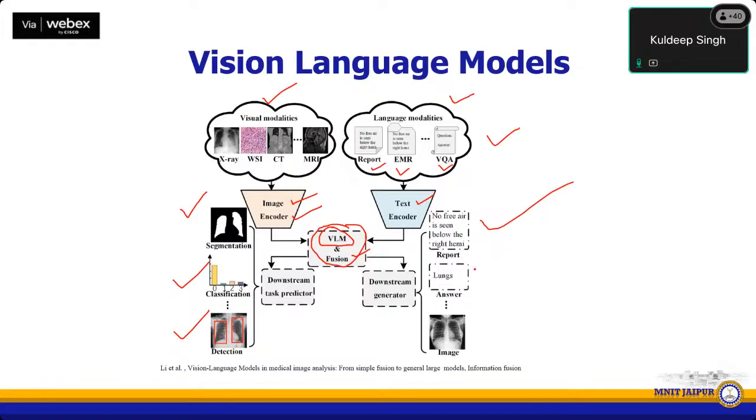We can have question answering, or maybe we can generate a new image based on the text prompt. So this particular paper proposed the application of this vision language model in the medical image analysis domain. It says vision language model in medical image analysis, from simple fusion to general large models, and this was published in Information Fusion.